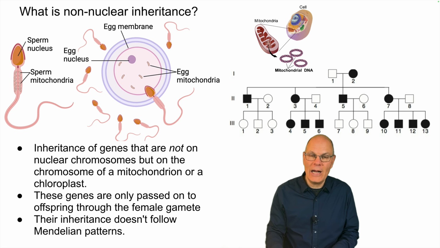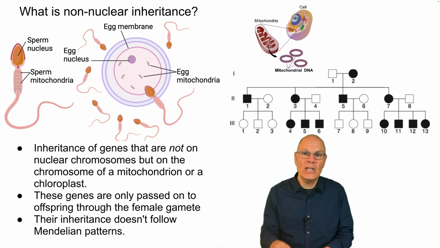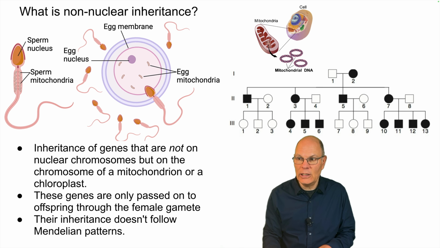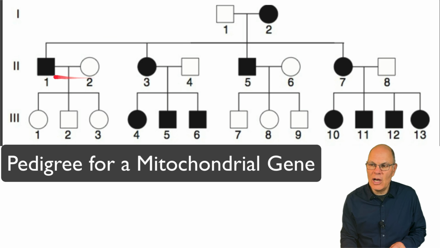The inheritance pattern of these mitochondrial or chloroplast genes doesn't follow Mendelian patterns. You can see that in this pedigree over here, where the mom passes on the mitochondrial gene to all of her offspring, male and female.